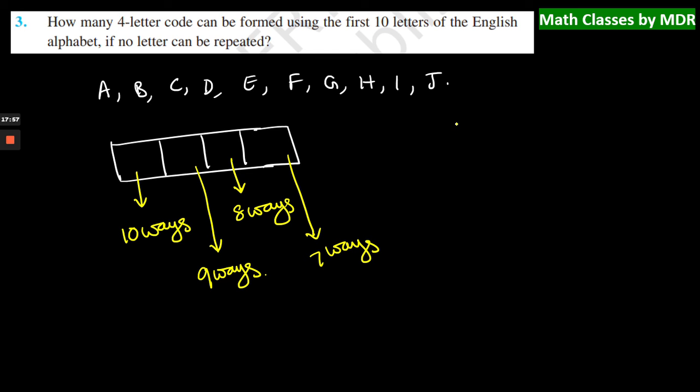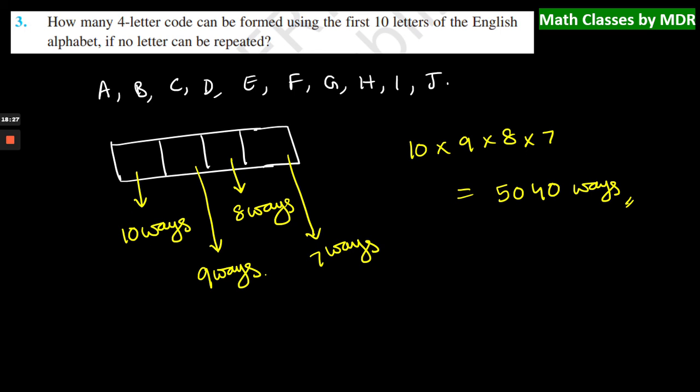So now, how many 4-letter codes can be formed? That is 10 into 9 into 8 into 7. Right? So 10 times 9 is 90, 90 times 8 is 720, and 720 times 7 is 5040. That is 5040 ways we can form the codes.